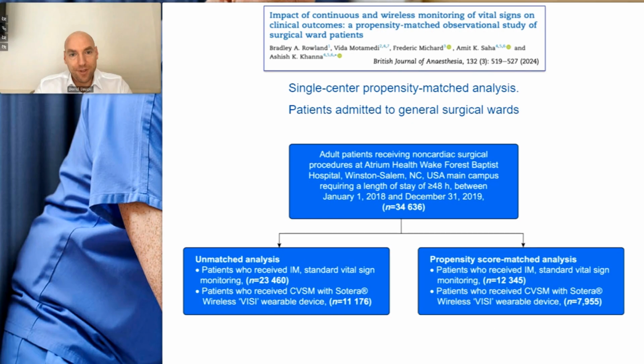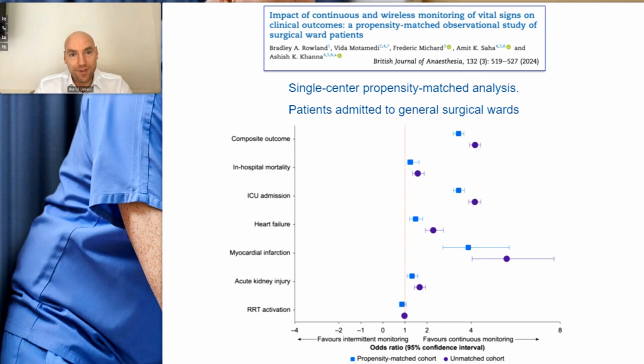Another single center propensity analysis in patients who were monitored in surgical wards after surgery in the United States also suggests that continuous monitoring can improve patient-centered outcomes. And this also included in-hospital mortality, admission to an ICU, or myocardial infarction.